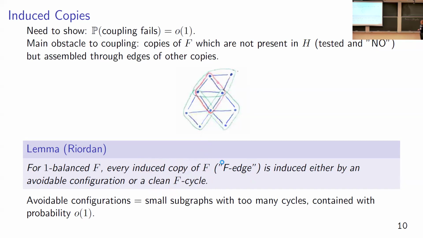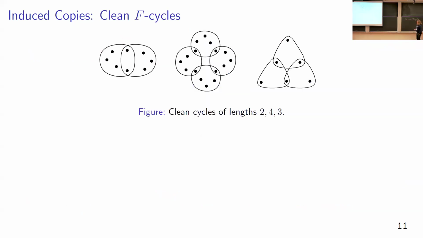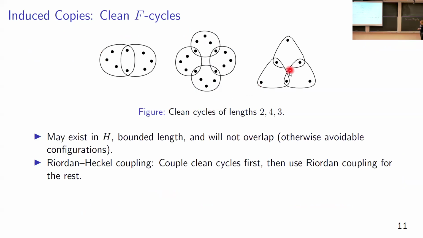So F is nice essentially just means that every induced copy is induced by an avoidable configuration. So you didn't have to worry about clean cycles. So the problem then was that K3, triangles, are not nice. And to deal with that case, Annika Heckel developed a modification or extension of the Riordan coupling.